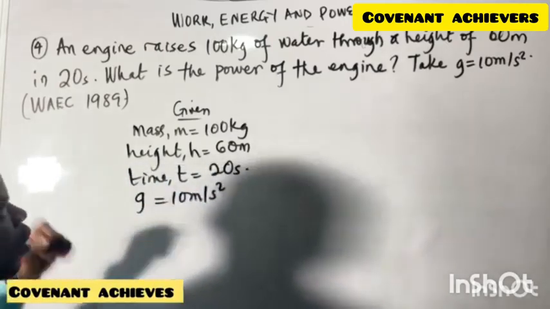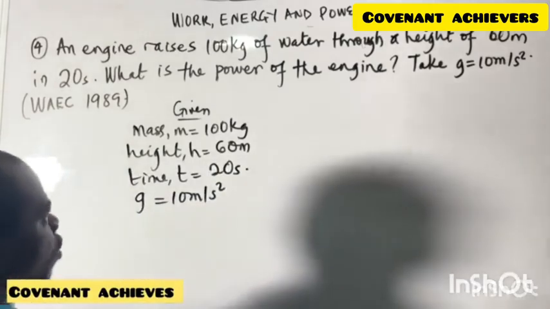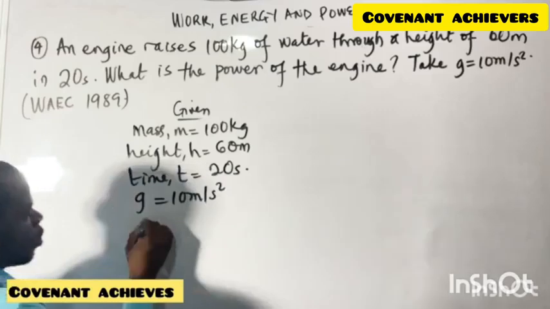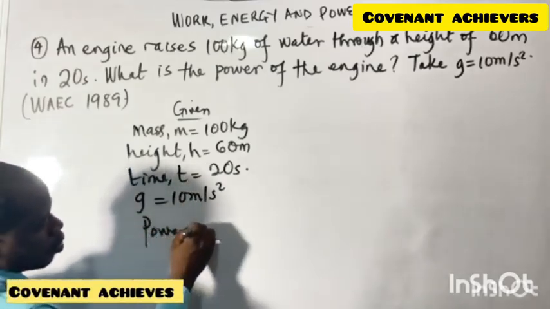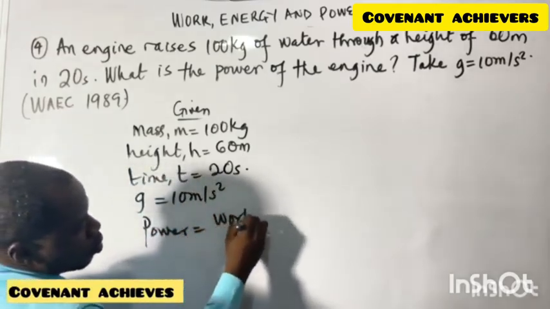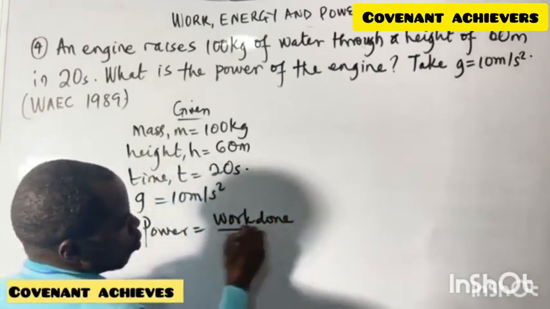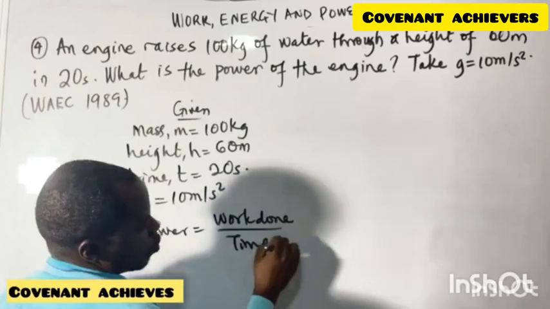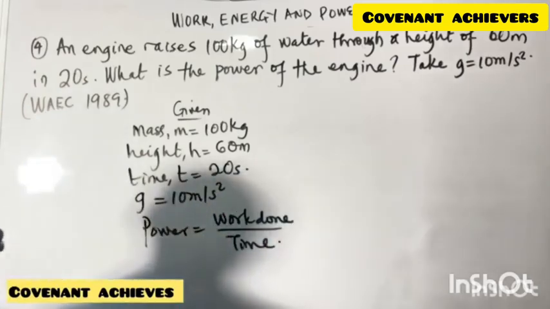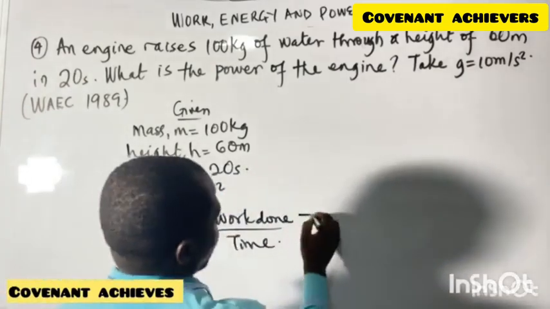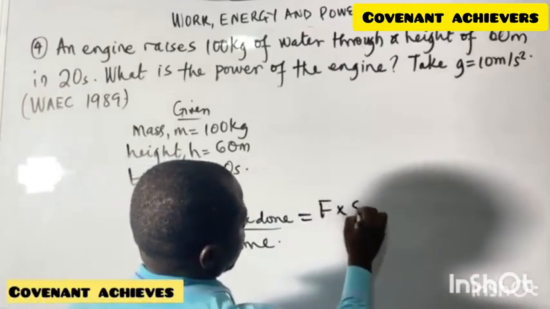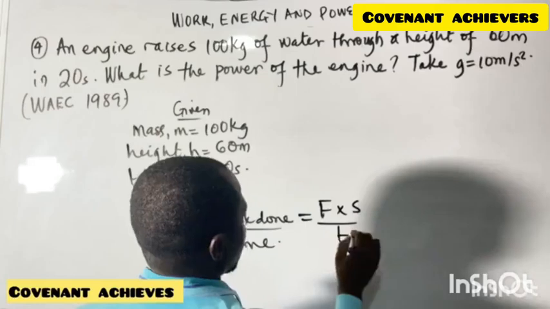So we want to look at the power of the engine, and how do you calculate that? Remember, we have established that power is equal to work done over time. So work done is equal to force times distance, over time.